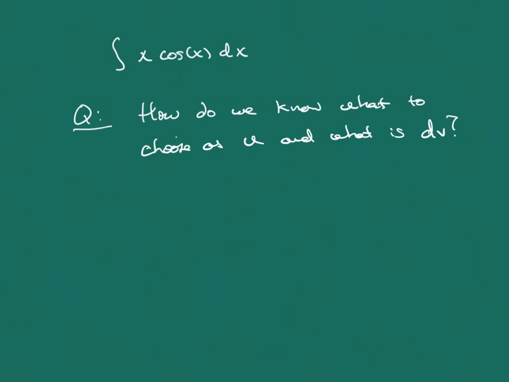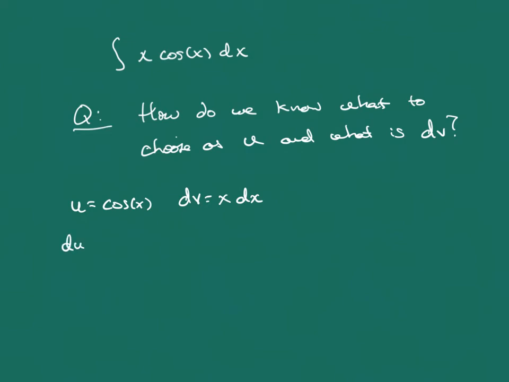So we did it one way. Well, what would have happened had we gone the other direction, that we chose u to be x and dv to be cosine of x dx? Well, what would have happened if we would have chosen u to be cosine of x and dv to be x dx? Well, if we go through the same kind of argument, what is u?